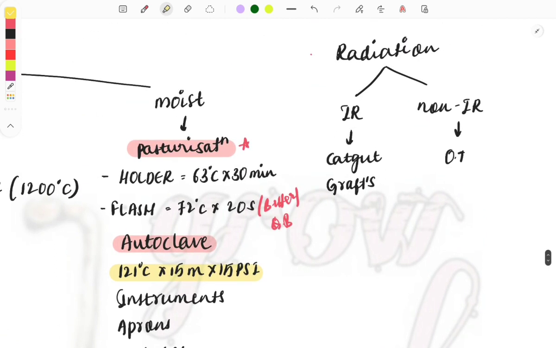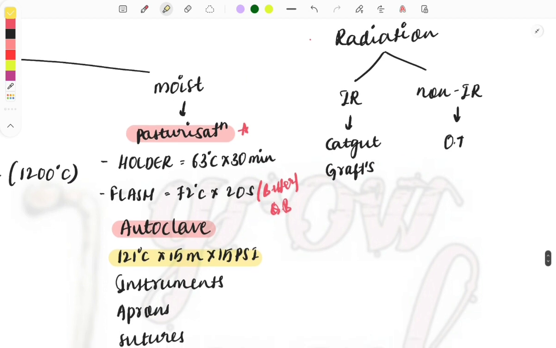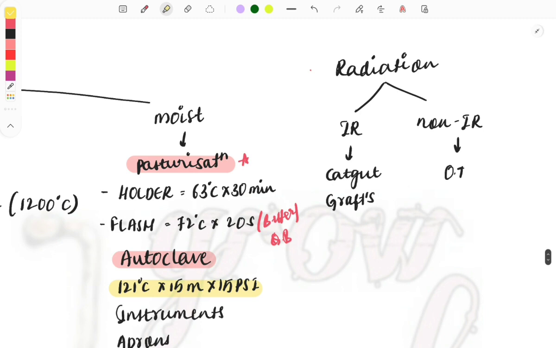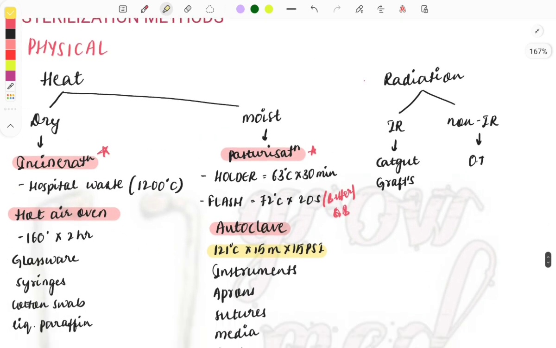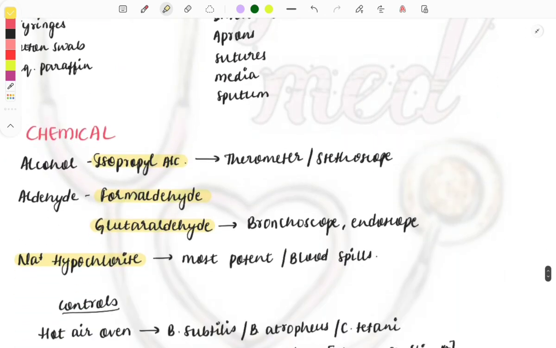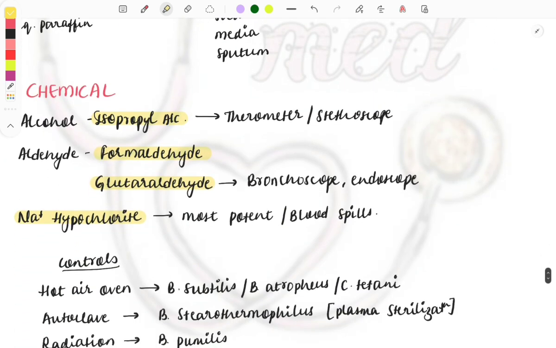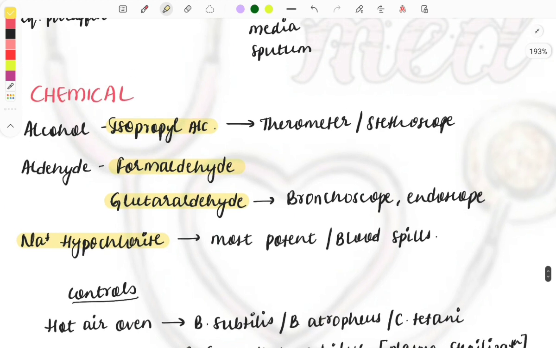Then radiation is classified into ionizing and non-ionizing. Ionizing radiation is used to sterilize catgut and grafts, and for the OT we will be using non-ionizing radiation. Then moving on to the chemical methods. Various chemicals are used, like alcohol. In alcohol, the specific one is isopropyl alcohol, used to sterilize the thermometer and the stethoscope.